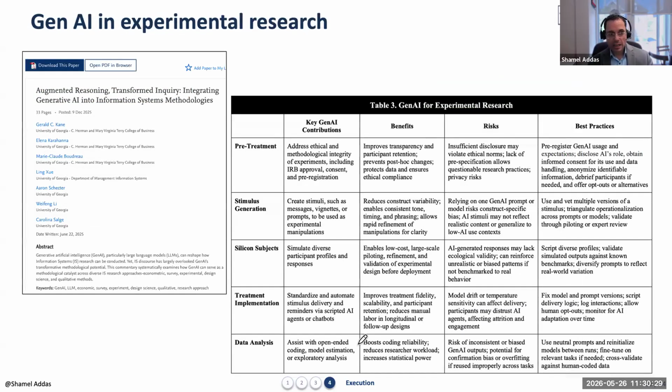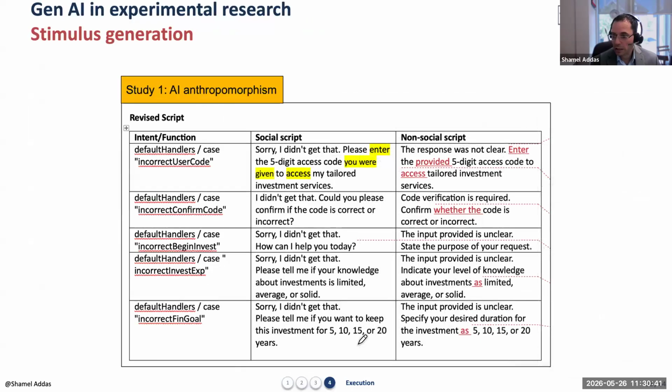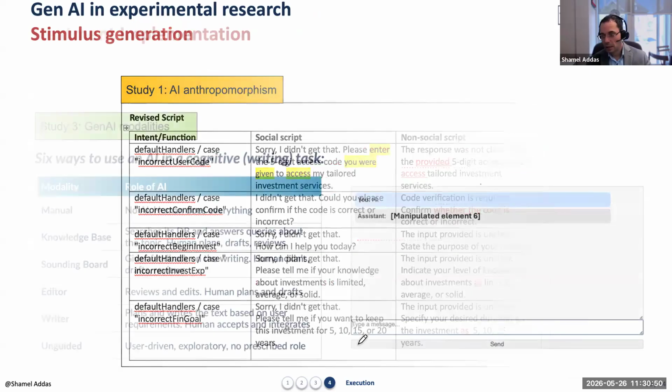Last thing is generative AI. I'll make this very quick. You can use Gen AI in your experiment in different ways. This is a very nice preprint study that you can read, by Jerry Kane and colleagues, about different ways of using Gen AI. We've used it in multiple ways. We've used it to generate the stimulus. So we used generative AI to help us generate the social script and the list social script.